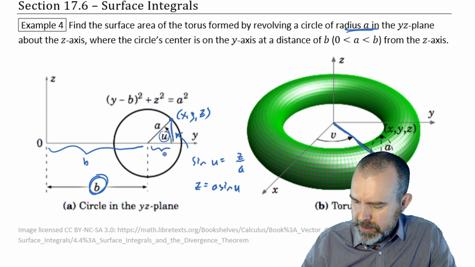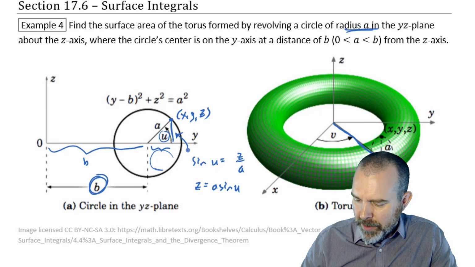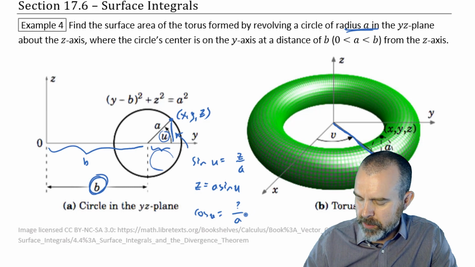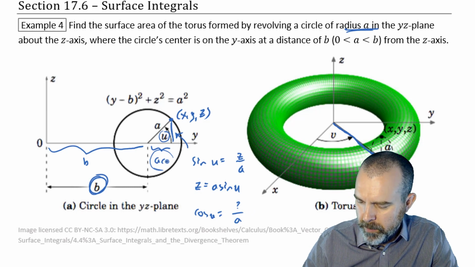Let's find the bottom portion here. We said that sine of u was z over a. So that means cosine of u should be that, whatever that question mark is, over a. So that question mark should be a cosine u.